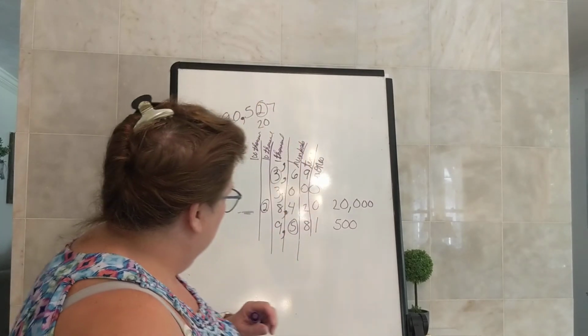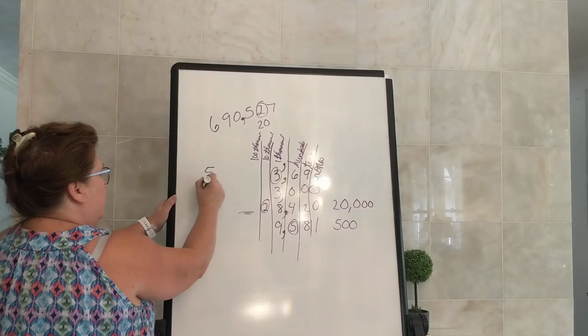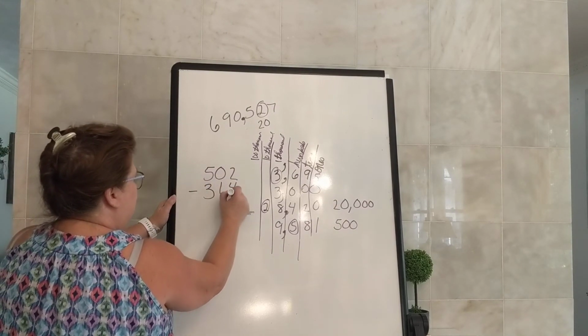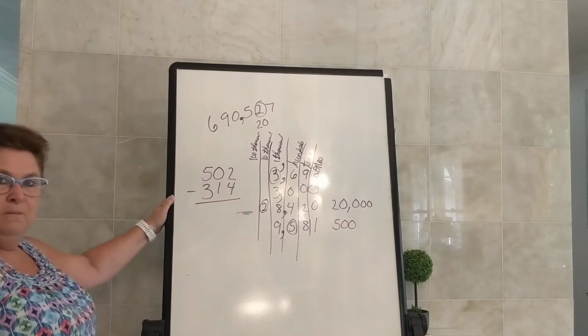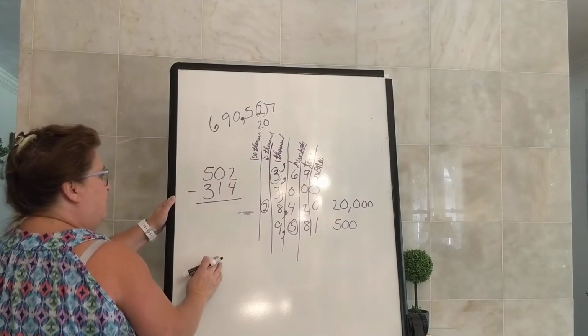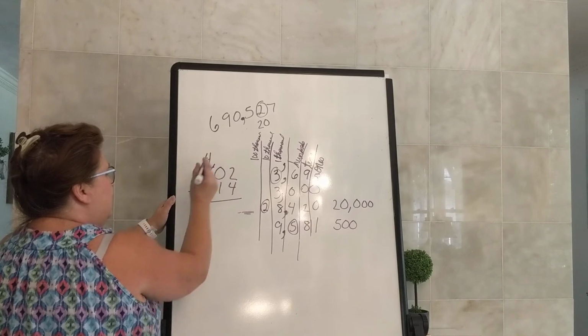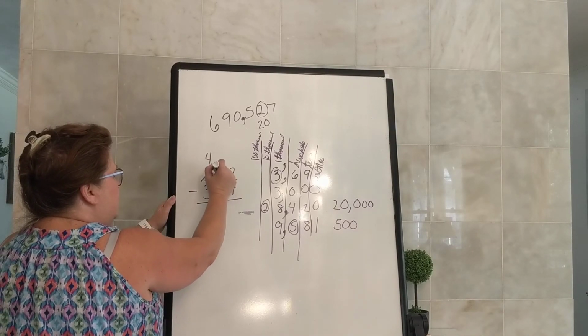On letter C, we have 502 minus 314. In 502, can we say 2 minus 4? We cannot. There's not anything over here to borrow from, so we're going to have to borrow 1 from our 5 and make it a 4. Our 1 we borrowed, we will put right here with our 0.